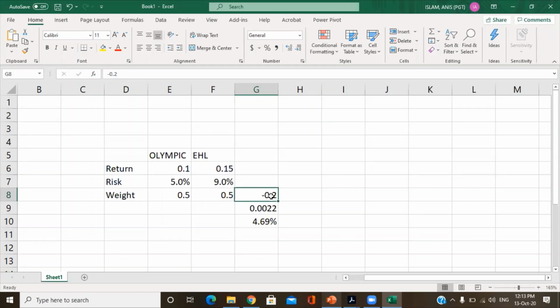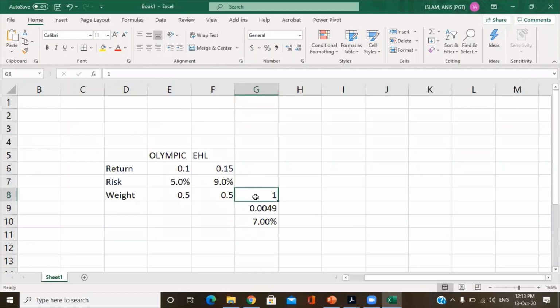So if you don't consider this correlation, you are very likely to end up with some security of which correlation is 1, or can correlation be greater than 1? No, sir.